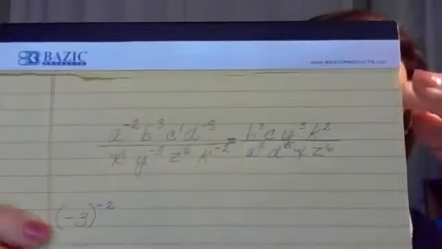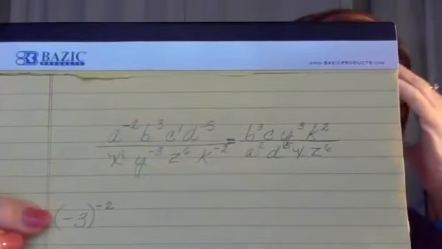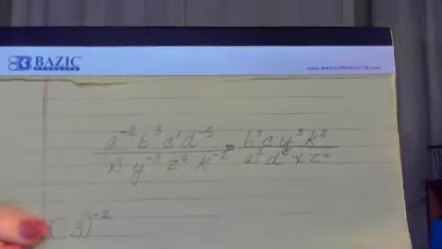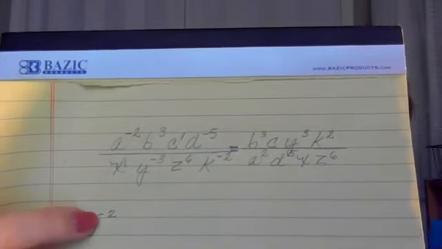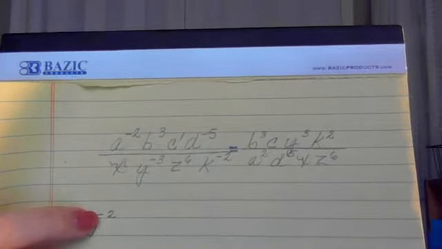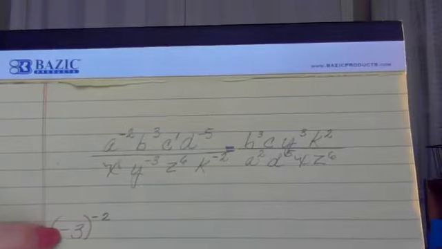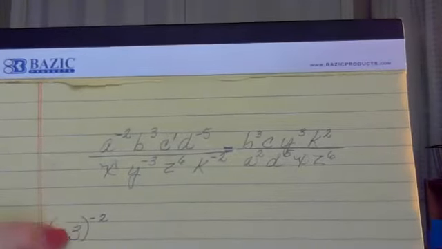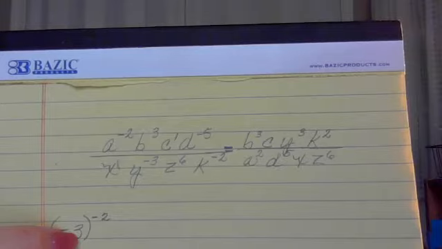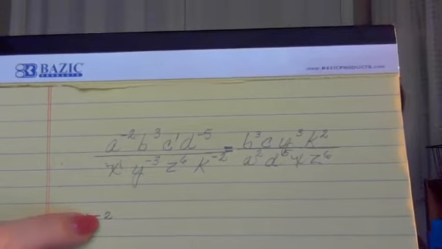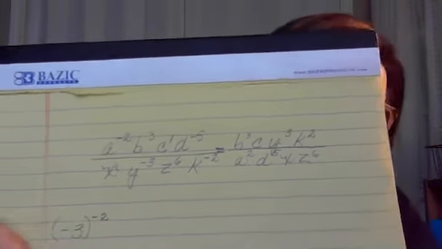So let's say that you have this problem right here. They give you this problem and they tell you to write it without any negative exponents. Well, we know that the negative on the exponent is just a code that says we have to move. This negative stays with the 3. The negative 3 is the base, and it doesn't change because of this. So here's how you're going to work this.